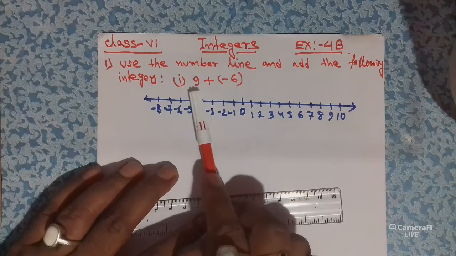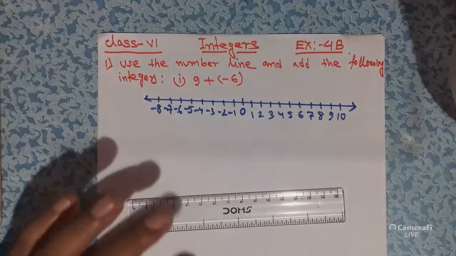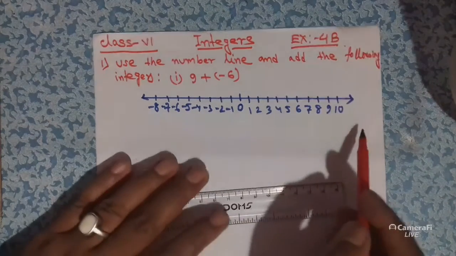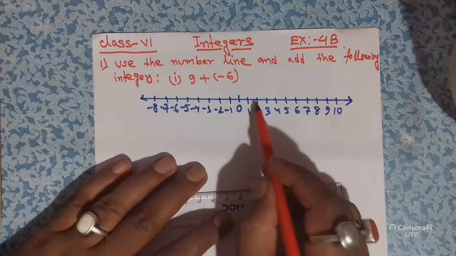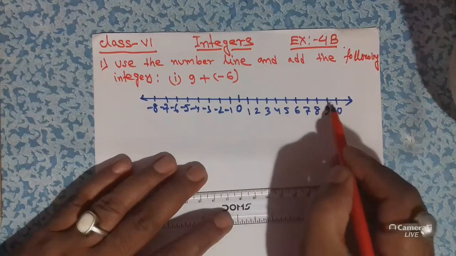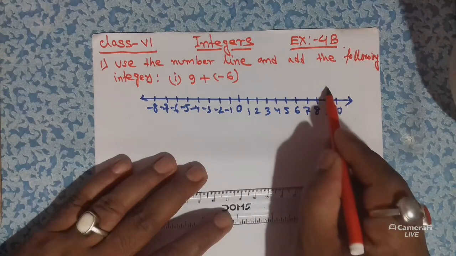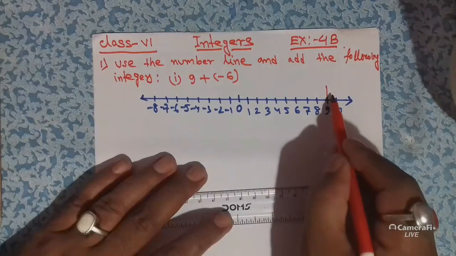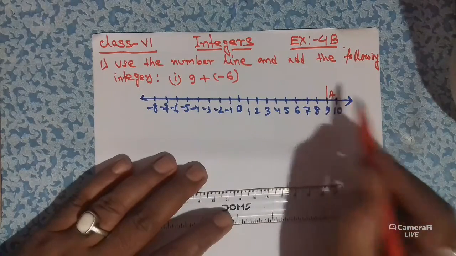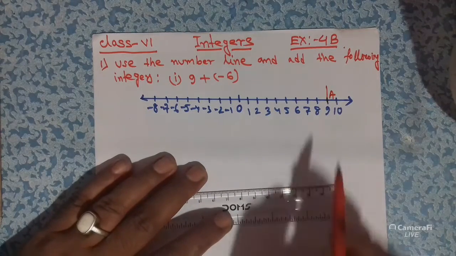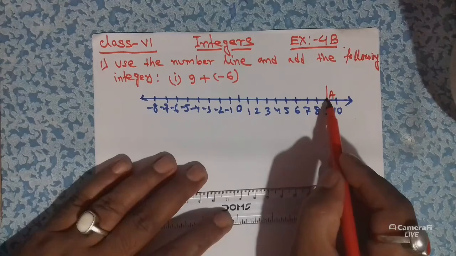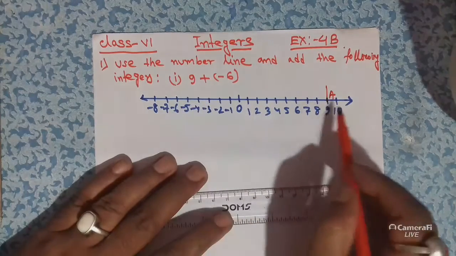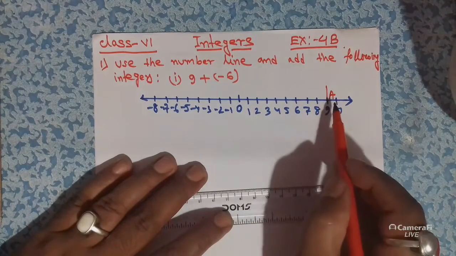So here 9 means plus 9, so you have to go 9 steps towards right from the 0. So 1, 2, 3, 4, 5, 6, 7, 8, 9. So this is your position, and you can give the name to this point as A.